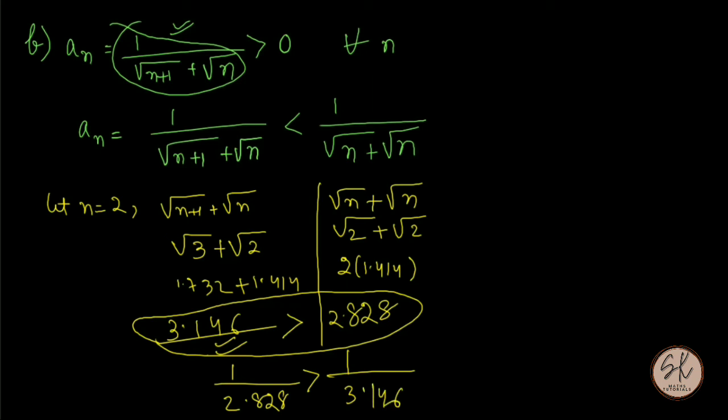So we proved that this one is greater than this, hence this is equal to 1/(2√n).